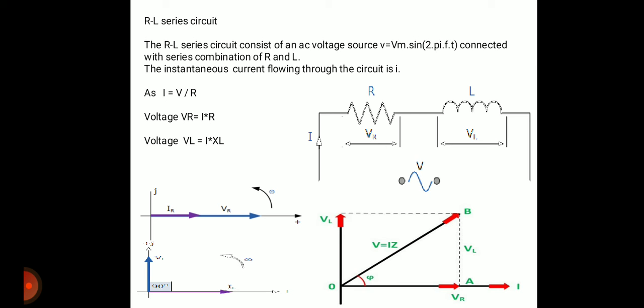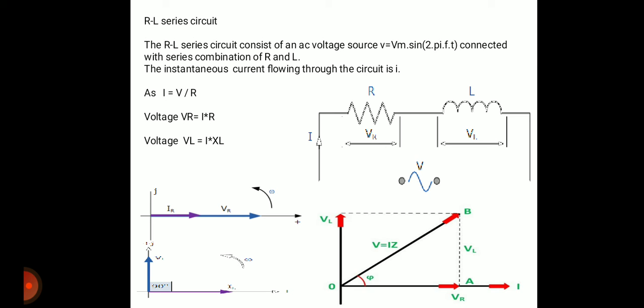So we can draw the phasor for voltage VR on the same axis. Both are drawn on the reference axis, because there is no phase difference.